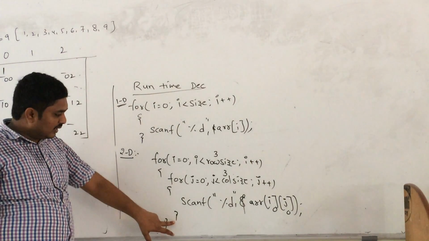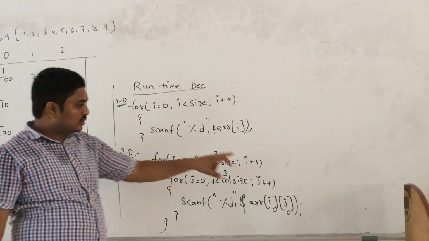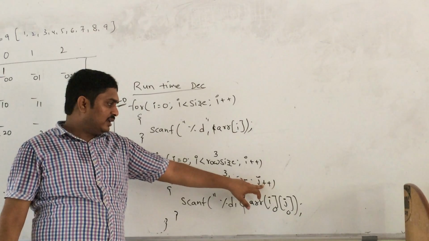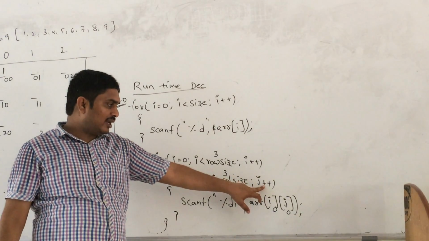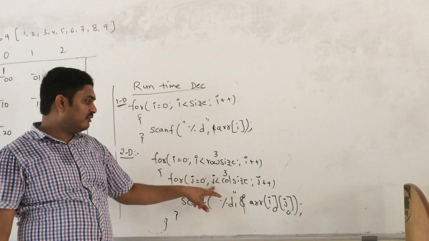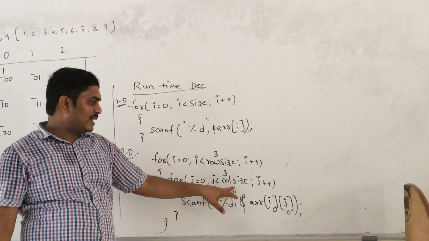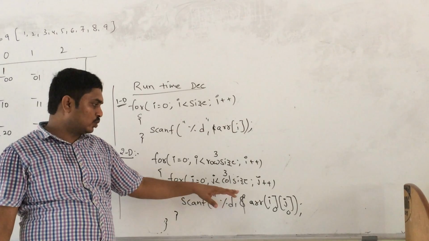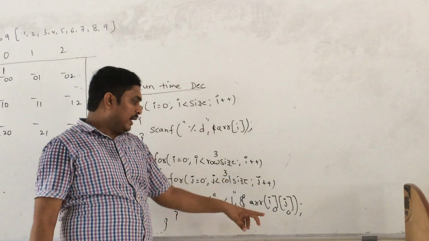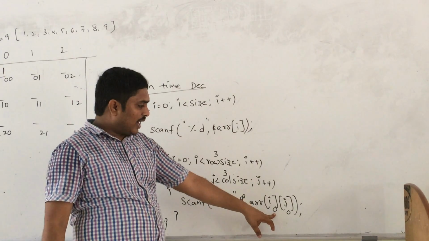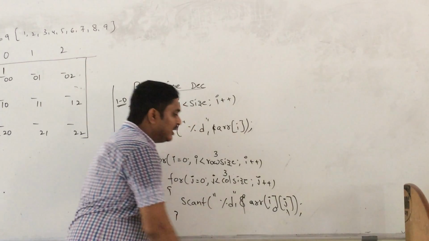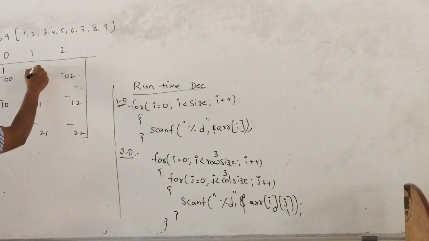After the end of the loop body, the control goes to the increment or decrement statement. Here it is the increment statement, and the j value will be incremented. After the increment, j will become 1. So 1 less than 3, the condition is true. Again the control enters into the loop. Here we take a value and it is stored at i value 0 and j value 1, the 0, 1 position.